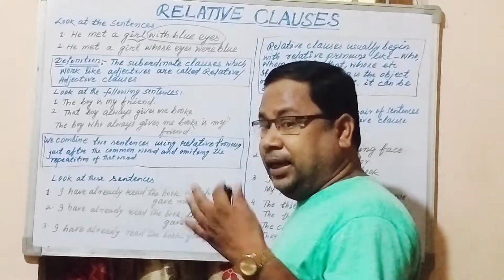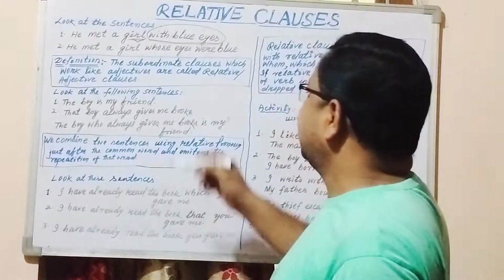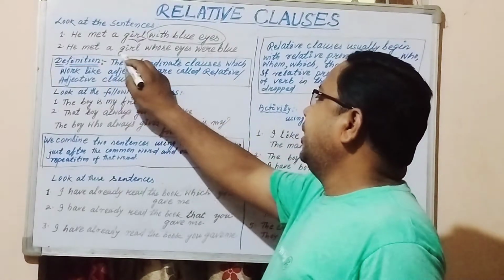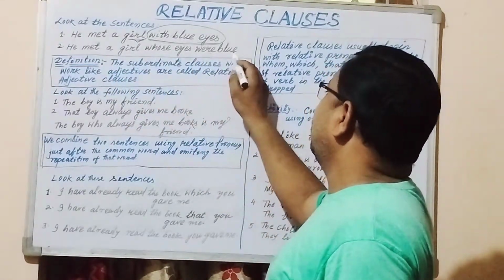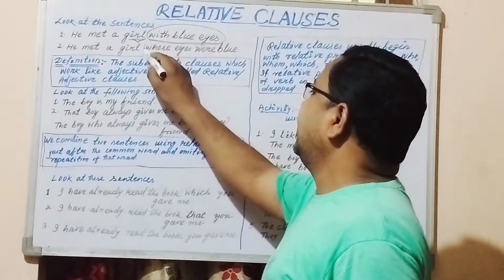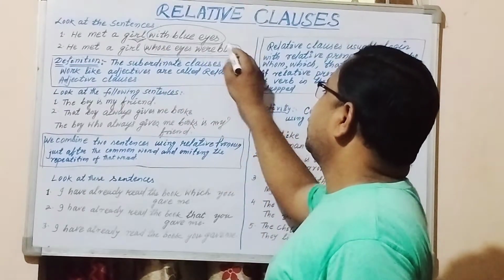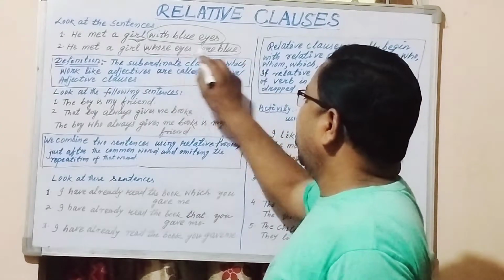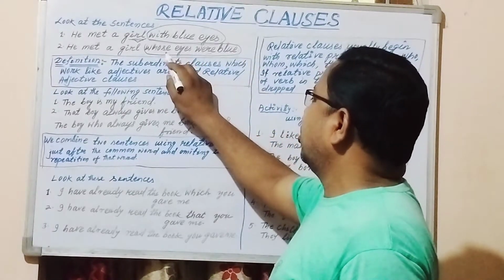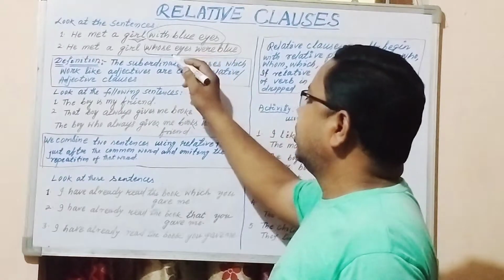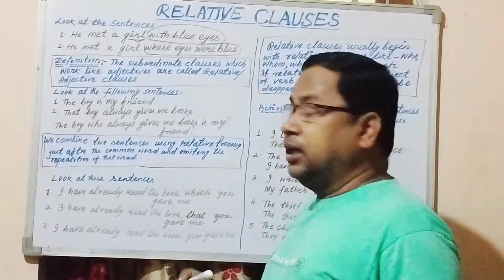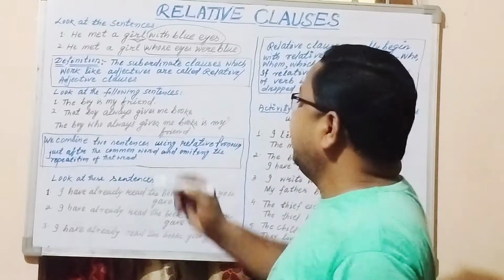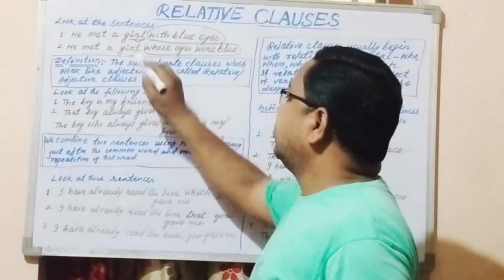Likewise, in the second sentence, he made a girl whose eyes were blue, this is a clause, and this clause functions as the adjective of girl.